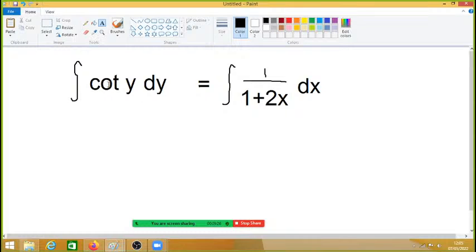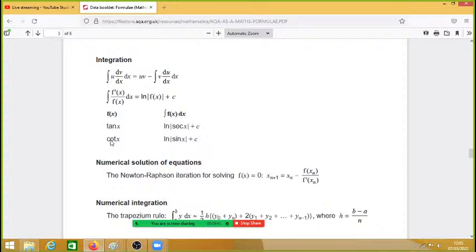Brilliant. And then I don't know what cot y integrates to, but whoever wrote the formula booklet in your exam does. So let's go to the formula booklet and look at what cot y integrates to. Cot x integrates to the natural log of sine x.